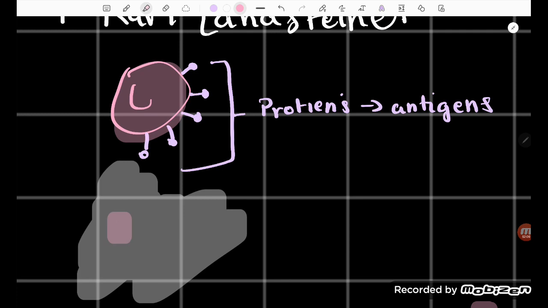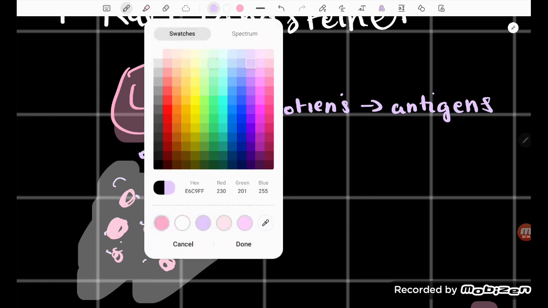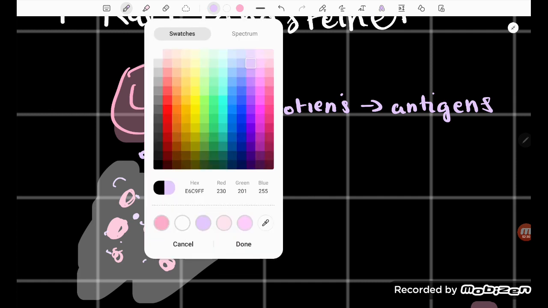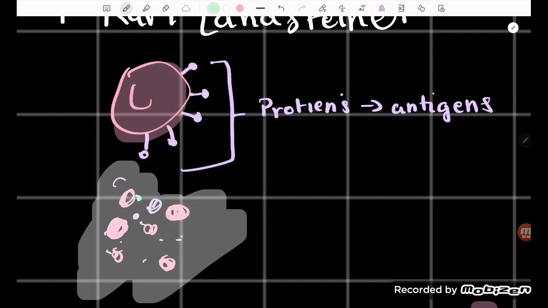Along with RBCs and all the cellular stuff, he also finds other things present in the plasma.